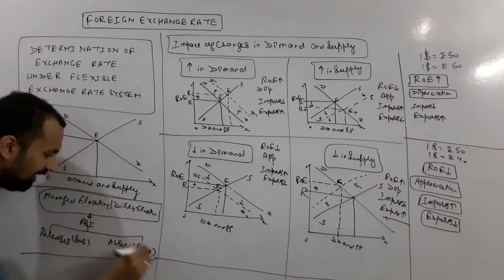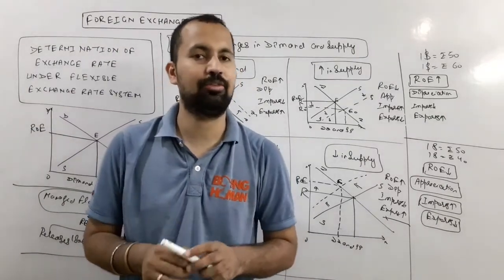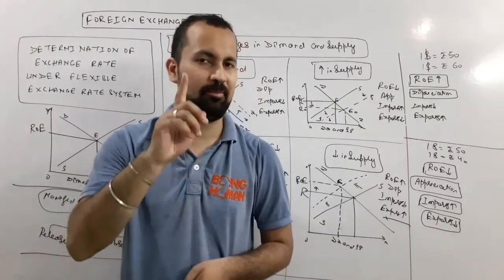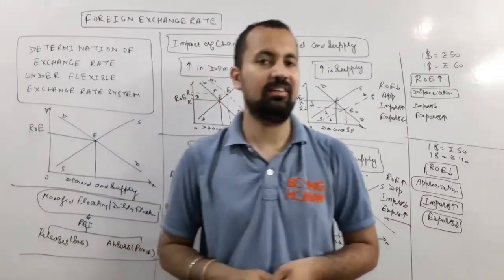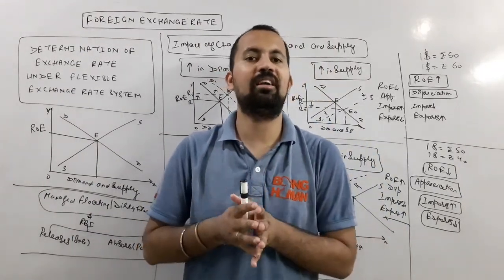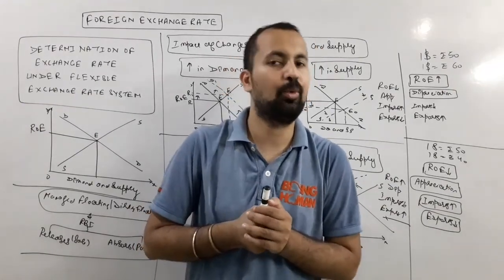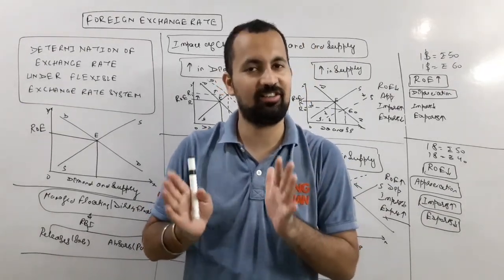It means RBI sells or purchases the foreign currency to manage different kinds of situations in the economy. One more heading was left, that is devaluation. Devaluation is an activity in which the government itself reduces the value of its currency to increase the exports in an economy.